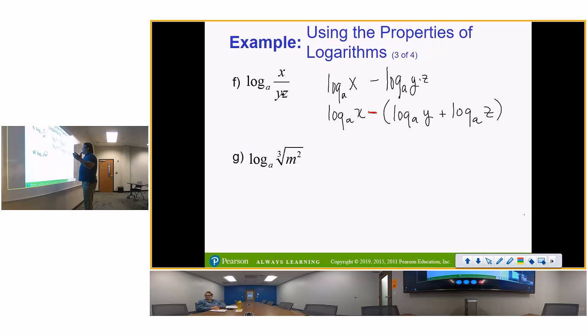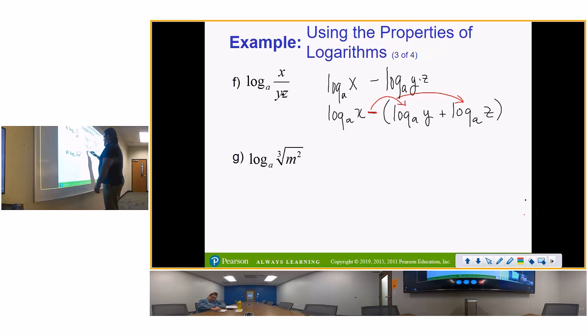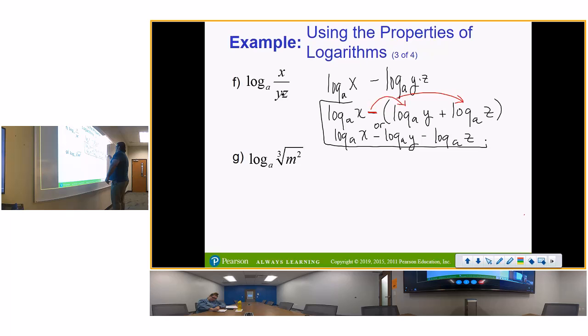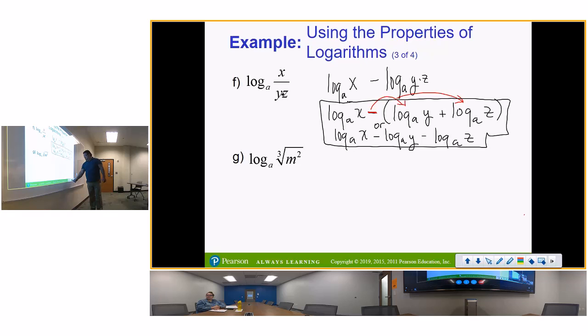Yes, but what does it mean when it's outside parentheses? You got to distribute it. So your final answer is log base A of x minus log base A of y minus log base A of z. I'm going to put an or right here because sometimes they want you to write it all the way out and sometimes it doesn't matter.